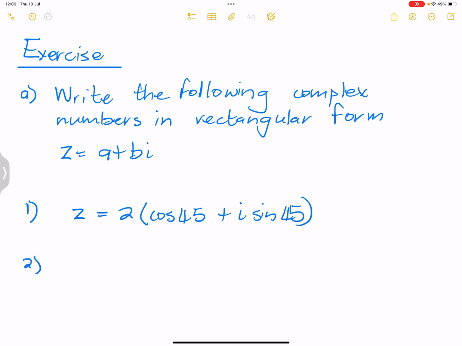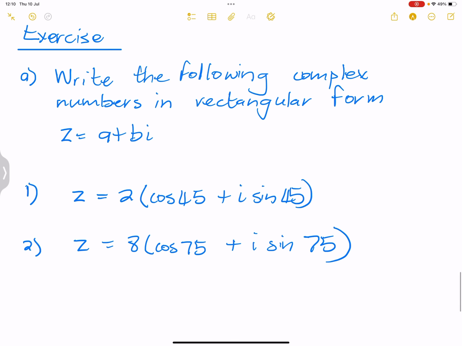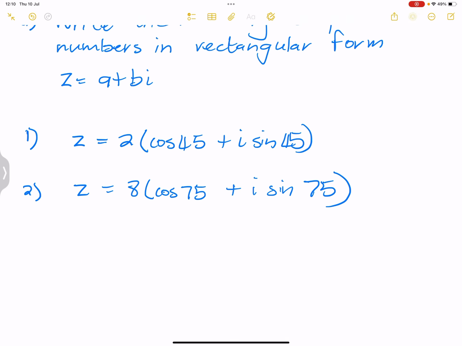Next one, 8 into cos 75 plus i sine of 75. All right, now let's quickly try to do that. How are we going to do that?